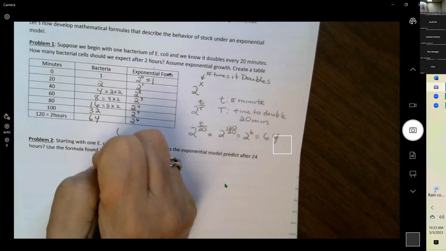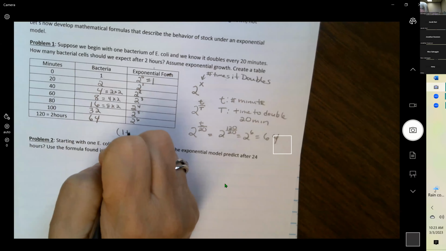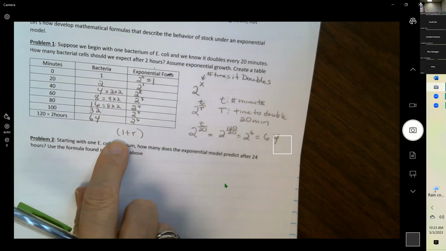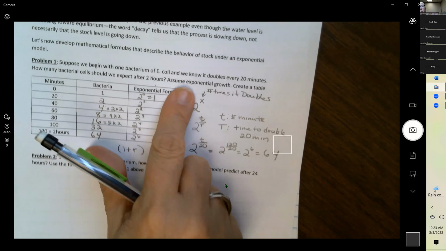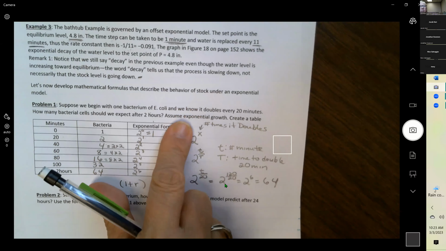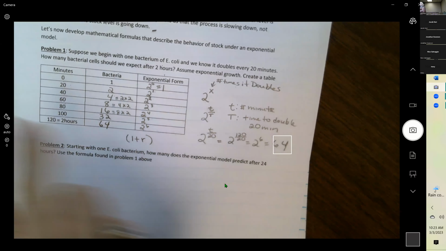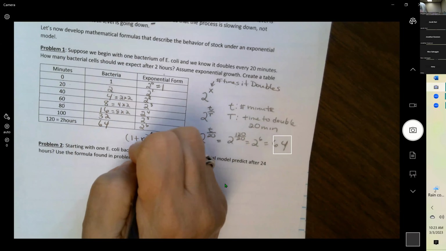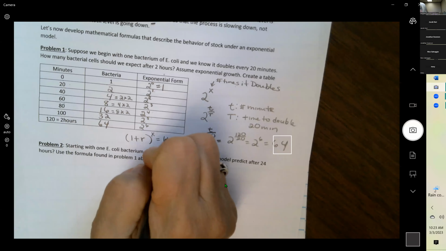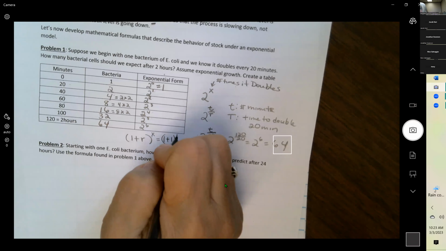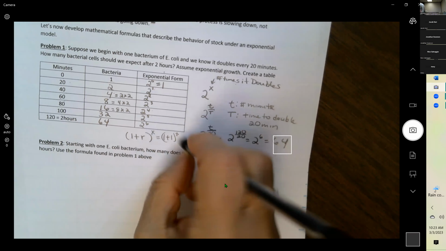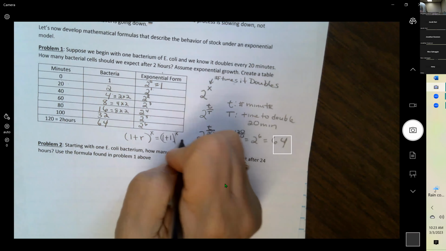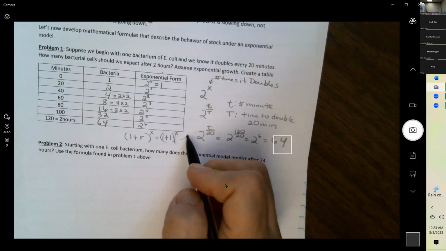Because anytime you're increasing by a rate, you can use a 1 plus trick. In this problem of doubling, our R was 1, and that's where they're getting that 2.